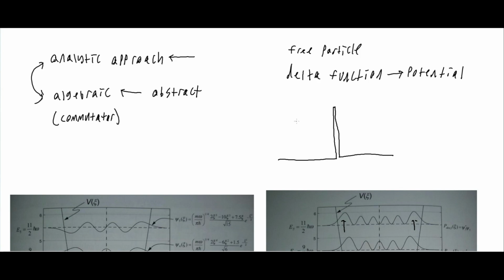So if we have a particle, it will be free everywhere except here. What you end up seeing is a term for the particle approaching, a term for the particle reflecting, and a term for the particle transmitting through it. That's probabilistic, because there's a probability of it reflecting and a probability of it transmitting through the potential. But anyway, I'm getting ahead of ourselves here.